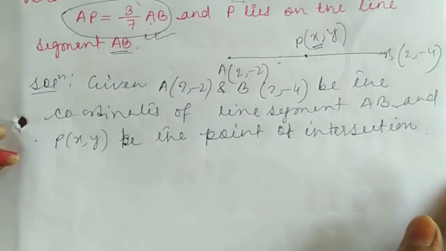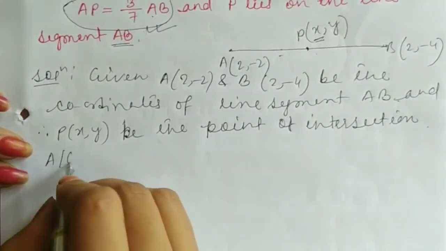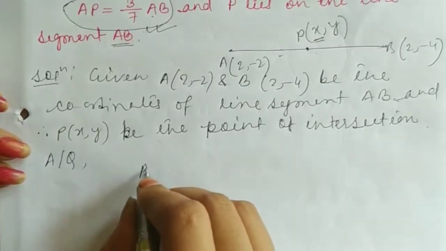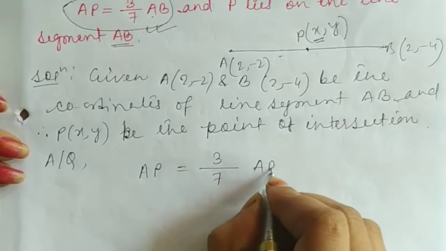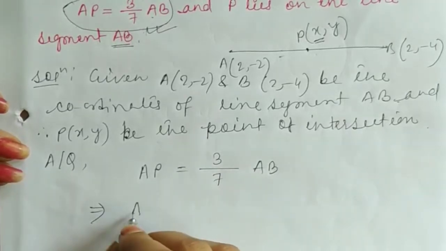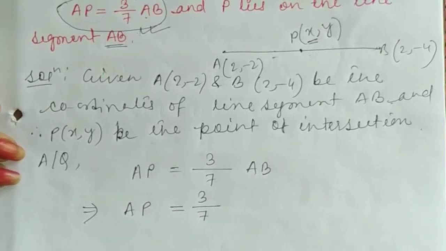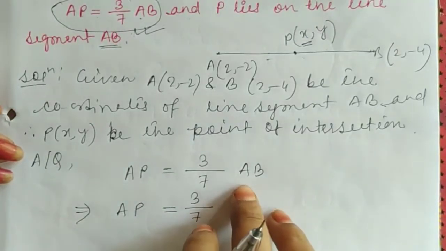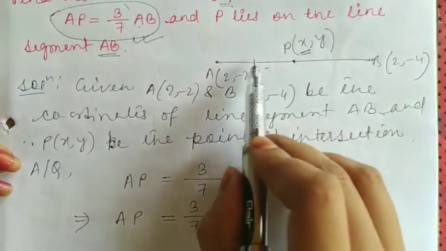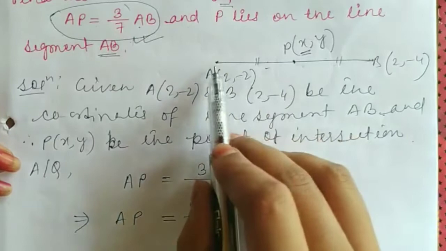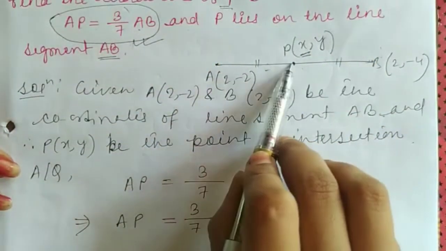Okay, so according to the question given, AP equals 3/7 of AB. Now look here, in place of AB we can write AB equals AP plus PB, after combining AP and PB.